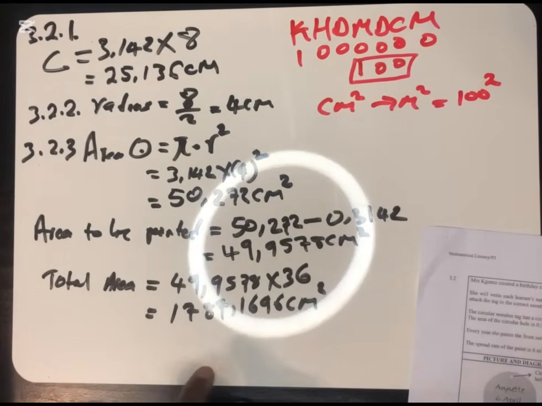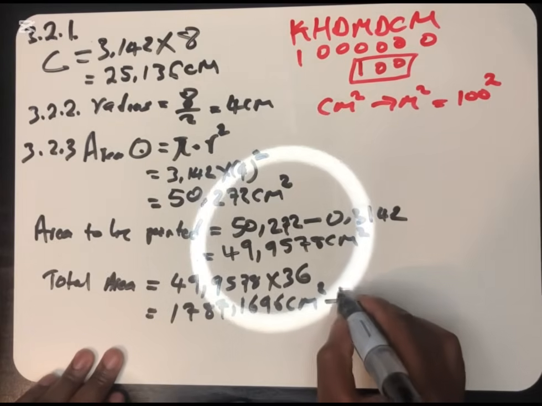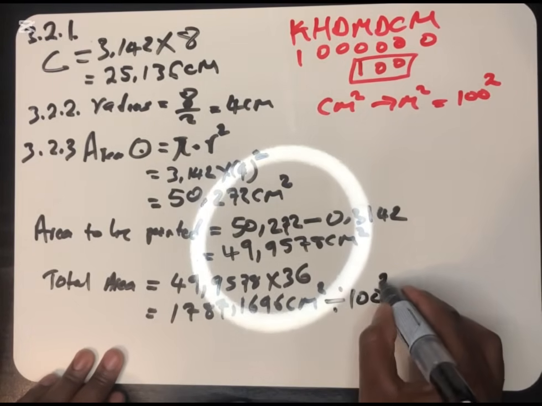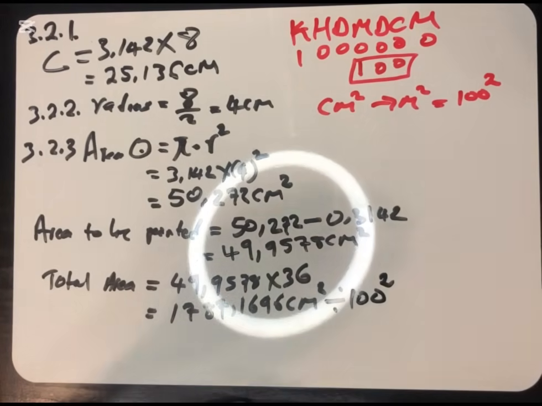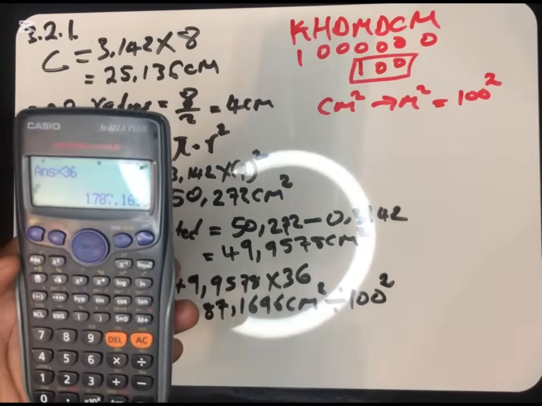So for us to convert this to meters squared, instead of dividing by 100, we are now going to divide by 100 squared. We must divide here by 100 squared. I explain why we divide by 100 squared. So you take your calculator. I already have this here.